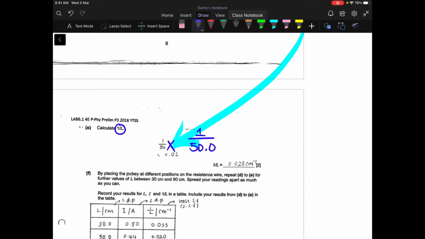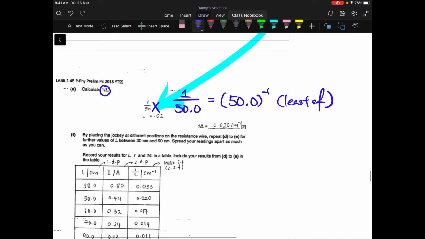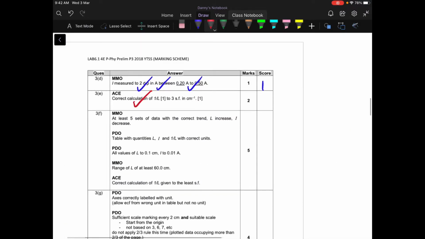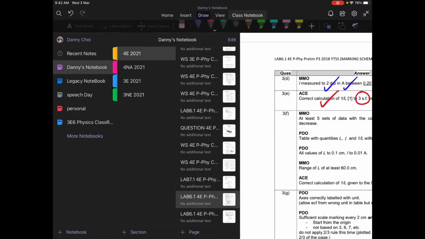For this particular operation, you have to follow the least SF rule. So you should give me an answer in 3 SF, because 1 SF, 2 SF, 3 SF. So down here this is wrong, it should be 3 SF. The unit is correct, the calculation is correct, but unfortunately this is wrong. So I think you will get 1 mark.